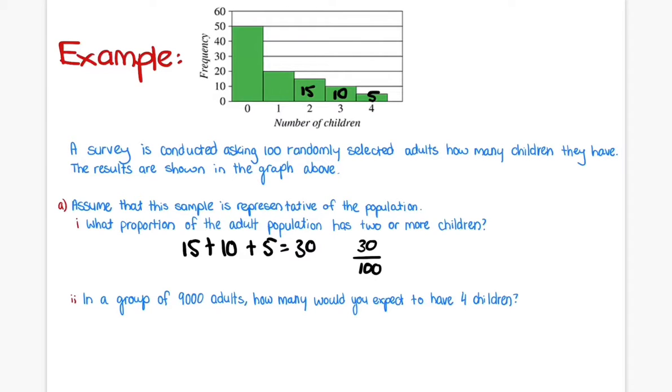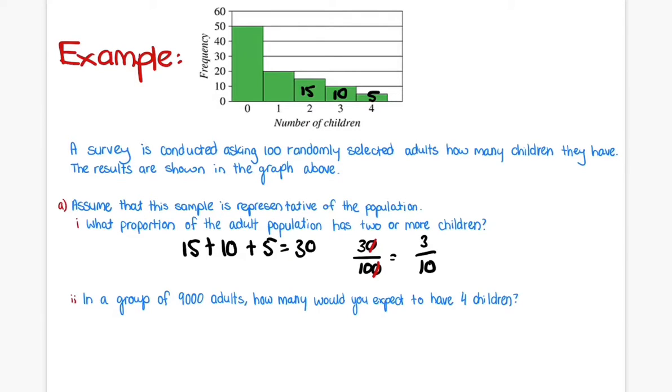Now we can simplify that down a bit because we really don't want to leave it as a big fraction. You can just get rid of a 0 on the end of it, and what you end up with is 3 out of 10. So there's our proportion.